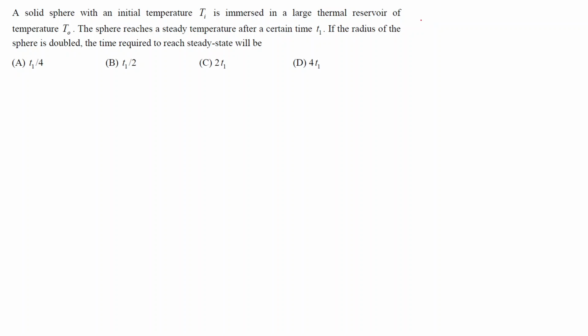So let's consider this as a large thermal reservoir, and it has a fluid, and in this we are having a solid sphere whose initial temperature is Ti, and it is immersed in a large thermal reservoir of temperature T0. The temperature of this thermal reservoir is T0. The sphere reaches a steady state temperature after a certain time of T1.